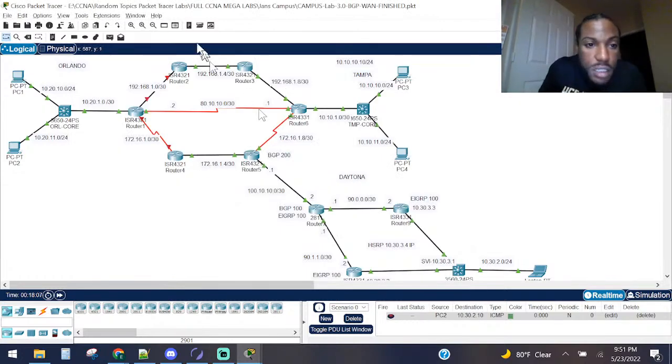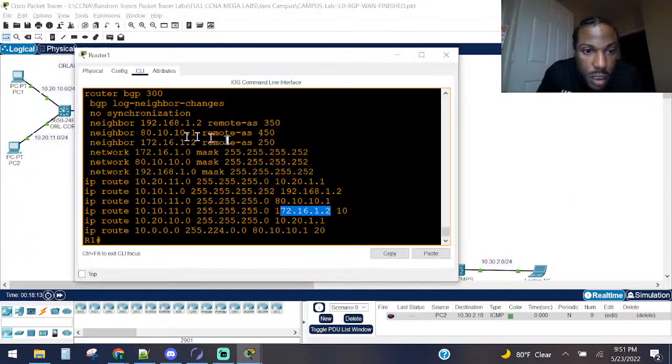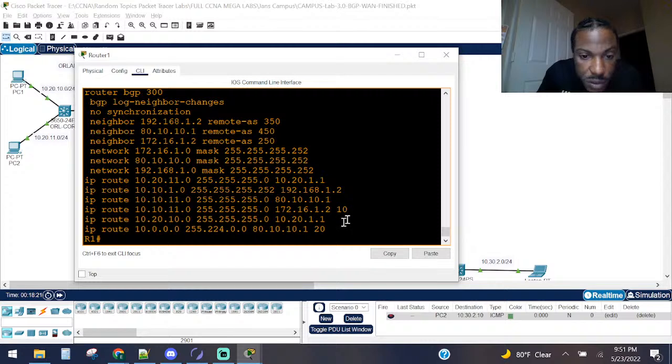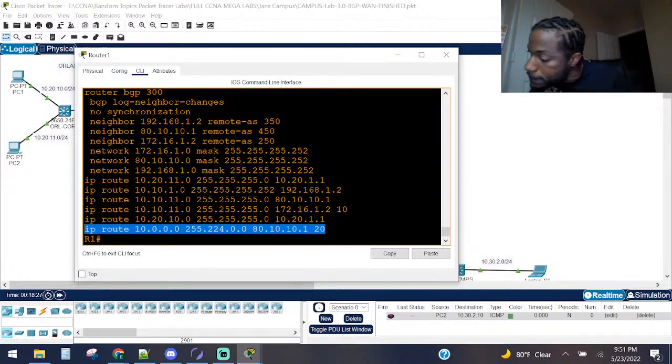Not right now. No, that's not it right there. It should have been a floating static route that would have been brought back up. I thought I put it in here in the last stream. There it is right there, the 10 network. It was the summary route.